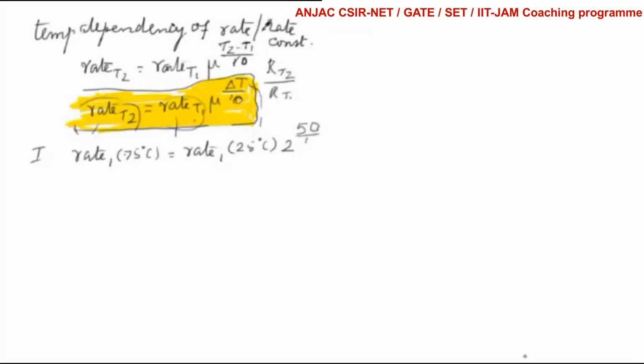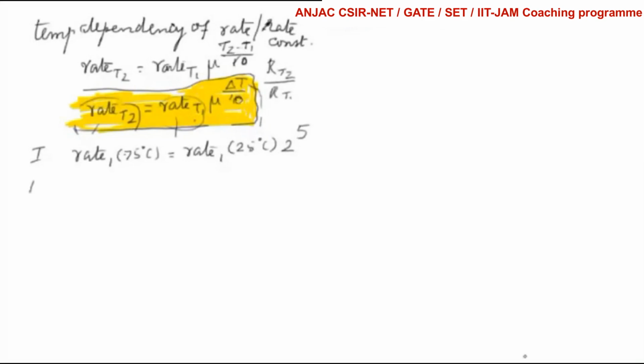How many tens are there in 50? 5. Therefore delta T by 10 is nothing but 2 power 5. The data given in the problem is now written in equation form for the first reaction.